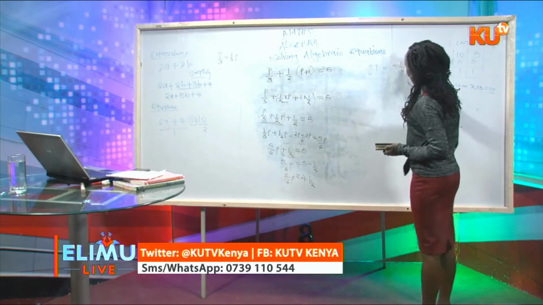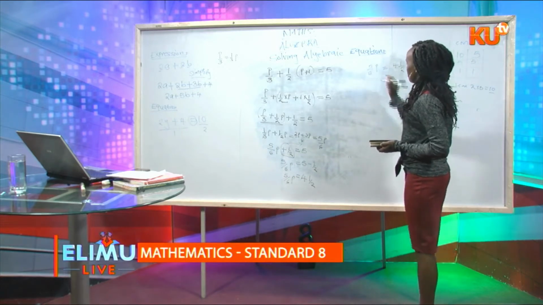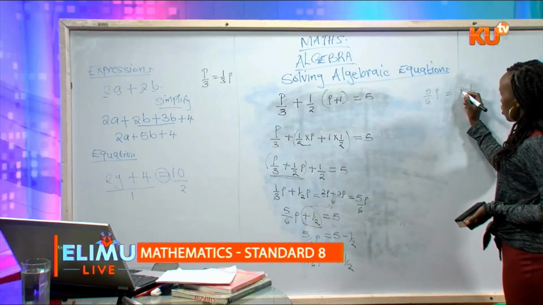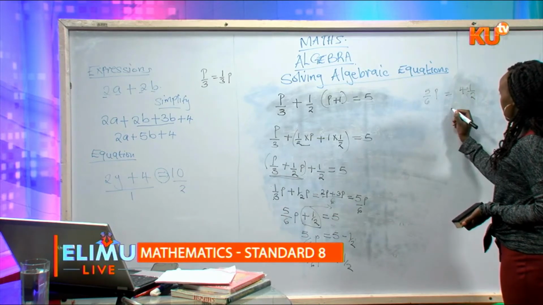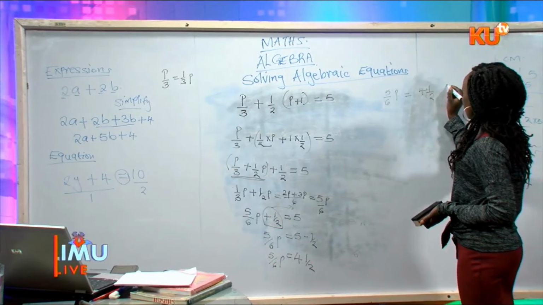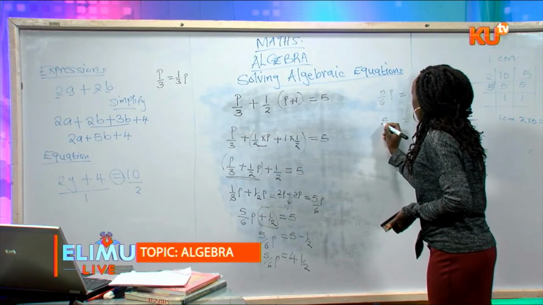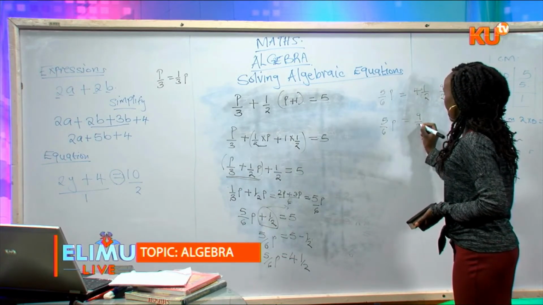So we can start by changing this number first into an improper fraction, even before we get the value of P. To get it as an improper fraction, we take the whole number times the denominator. The answer we add to 1. So 4 times 2 is 8. 8 plus 1, we get 9 over 2. So 5 over 6P is equal to 9 over 2.